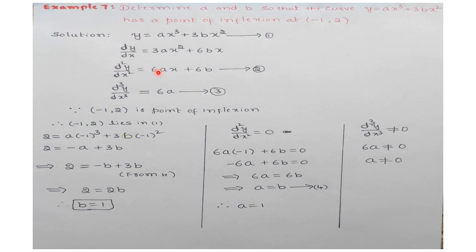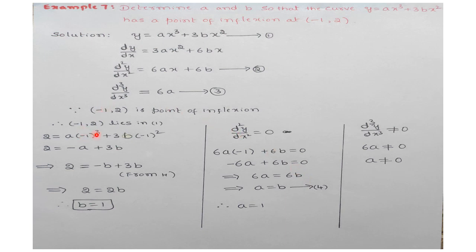That means putting x = -1 and y = 2 in this equation, 6a into x value, which is -1, plus 6b, equating this to 0. Therefore, -6a + 6b = 0, which implies 6a = 6b. Here 6 gets cancelled, remaining is a = b. Call this equation number 4.